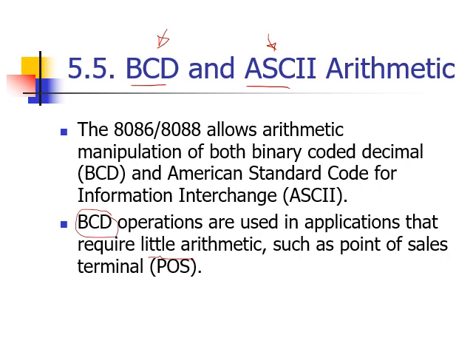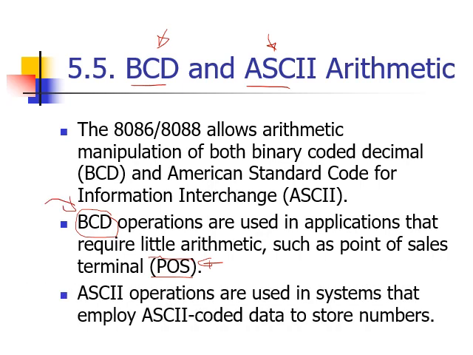The machine used when you buy things from department stores or supermarkets is the point of sale terminal. The arithmetic done by this point of sale machine is binary coded decimal operations. In some other applications, like travel agencies, they use ASCII arithmetic.